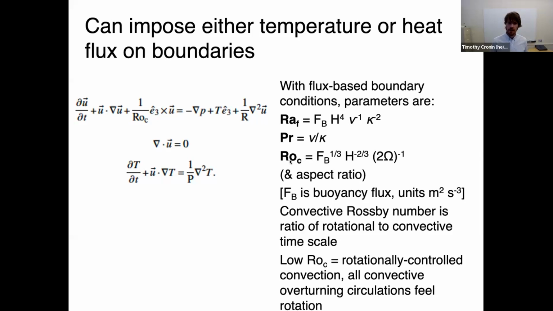And then there's the non-dimensional number corresponding to the importance of rotation, which I want to talk about a little bit. That's the convective Rossby number. It's essentially a ratio of the rotational time scale to the convective time scale. So for Earth's atmosphere, convection is fast relative to rotation.